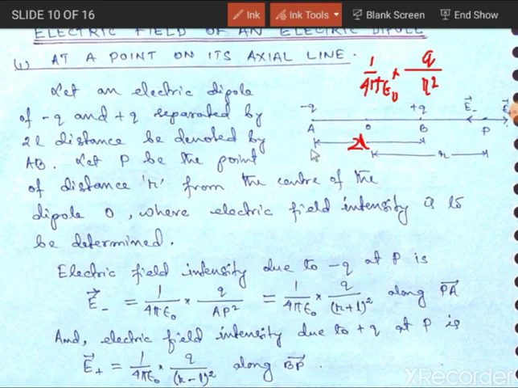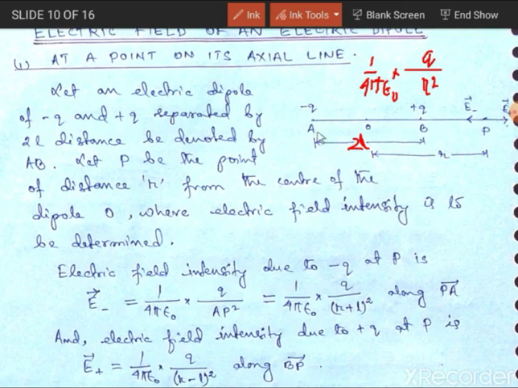AP means what? This distance from here to here is L, from here to here is L, so the length of the dipole in total will be twice L. So we can write this AP as r plus L. So instead of AP square we can write r plus L whole square.